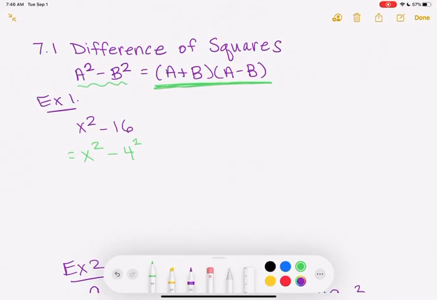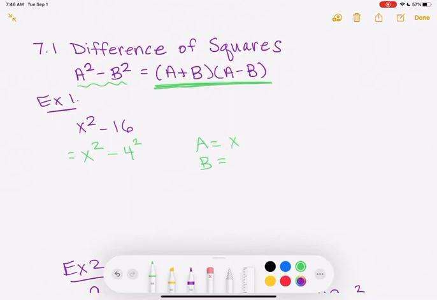Off to the side, I'm going to identify what is my a and what is my b. If you look back to the original, it's just the first thing squared is a squared, right? So our a in our problem is really x.